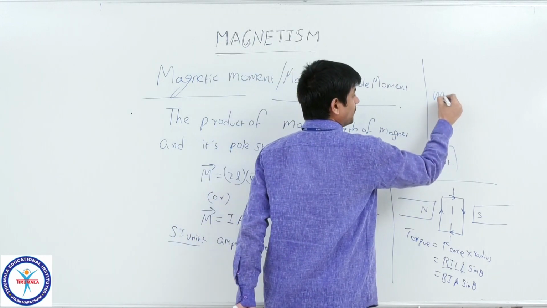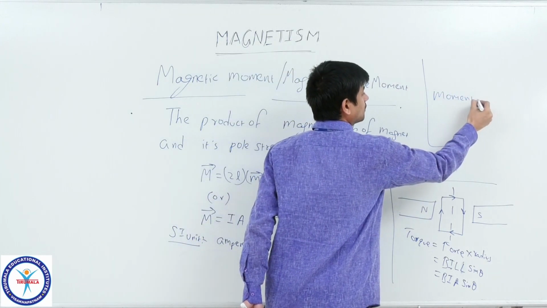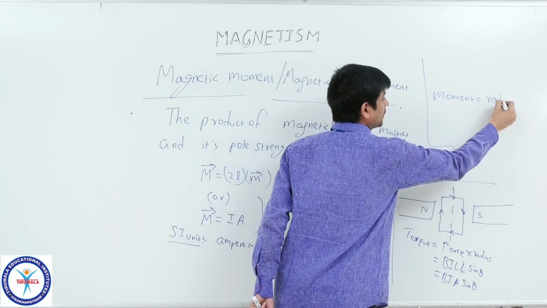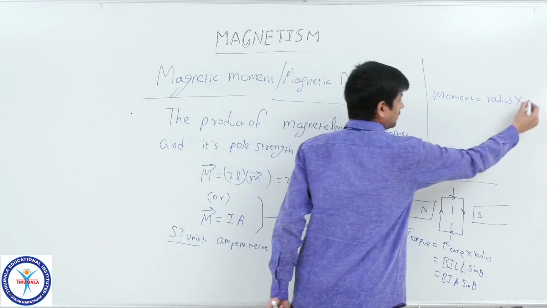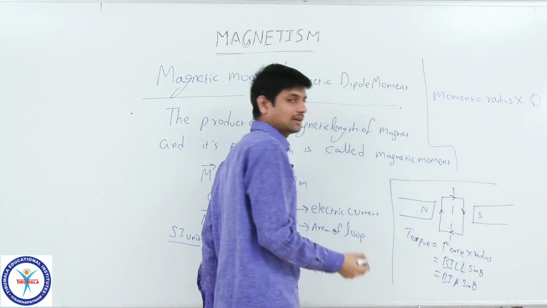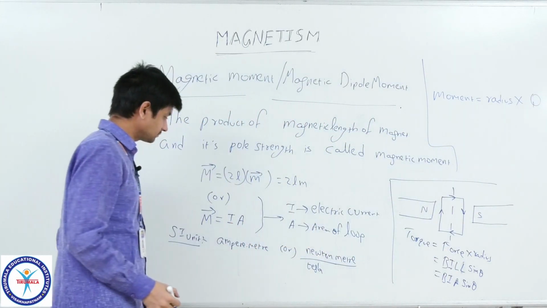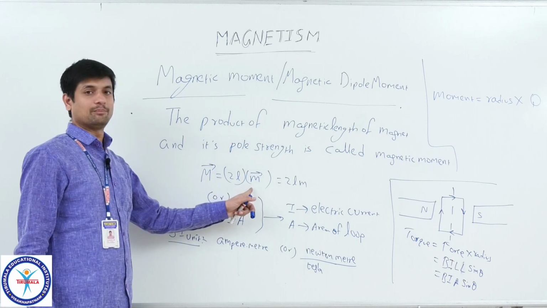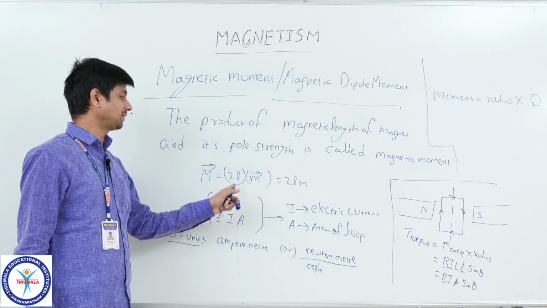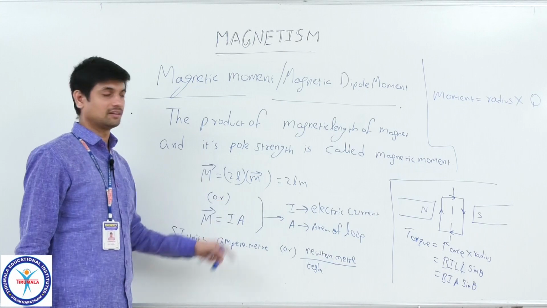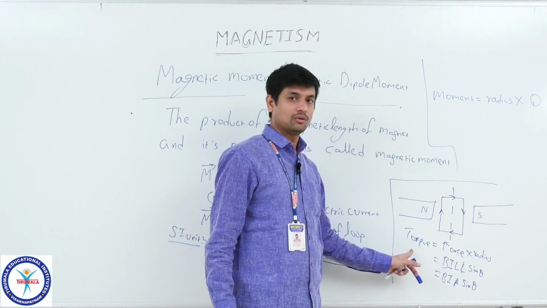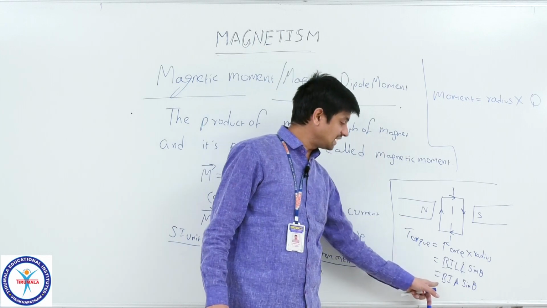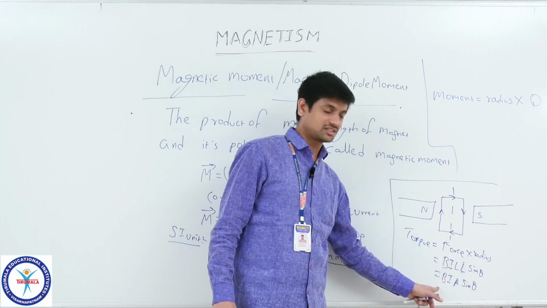Moment equal to the radius vector into the physical quantity, any physical quantity. Here the physical quantity is magnetic pole strength. It is maintaining distance 2L, and here for the torque also you will have B sin theta, magnetic flux density.